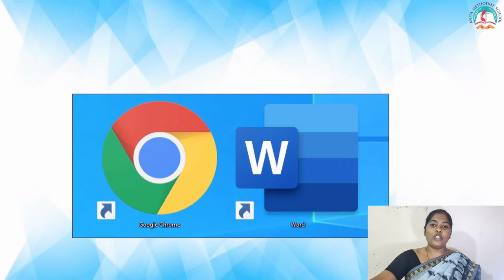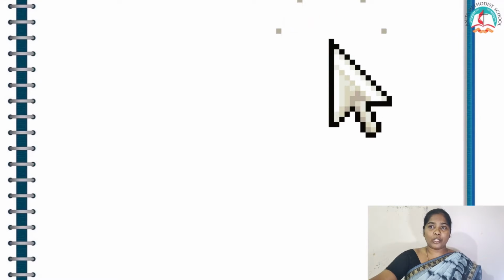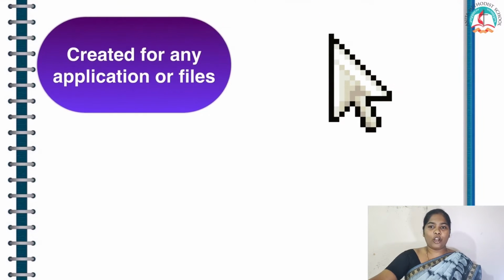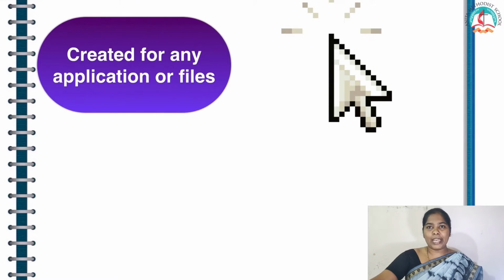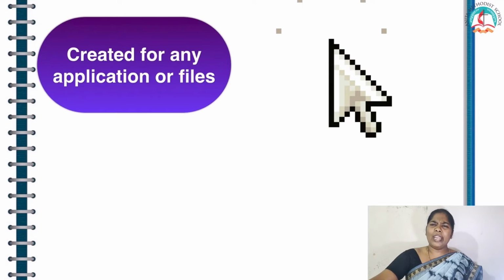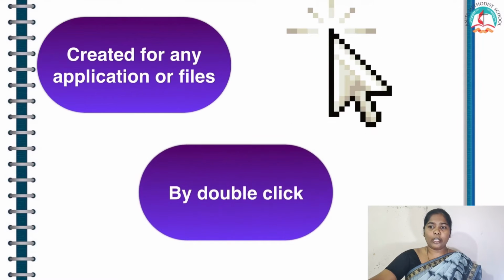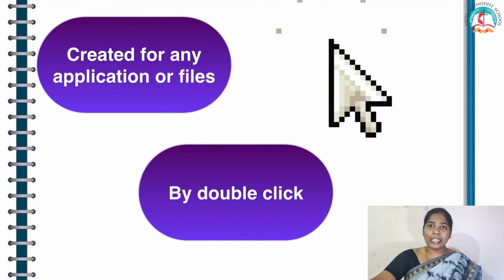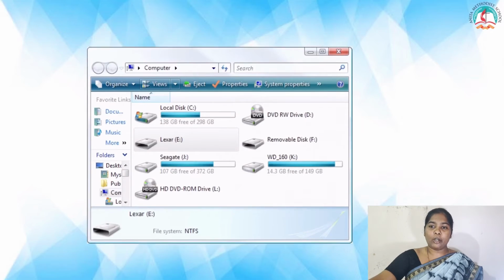These are called shortcut icons. When you double click, it's easy for us to open the application. Shortcut icons can be created for any application or file. If you think an application should be on the screen, you can create a shortcut, and by double clicking you will be able to open it. So this is called shortcut icons.